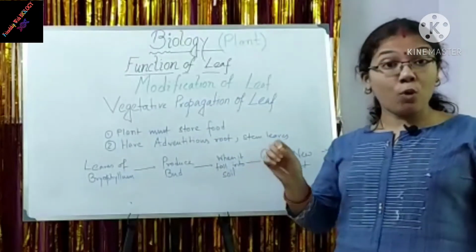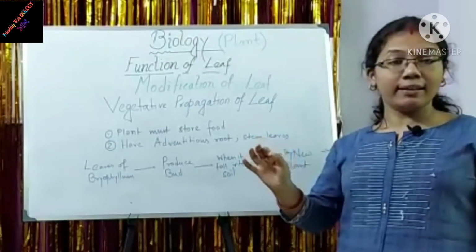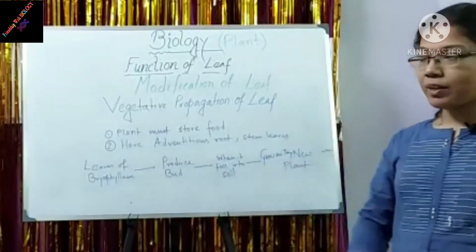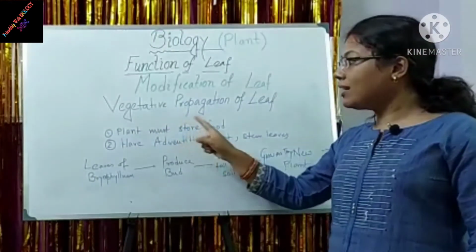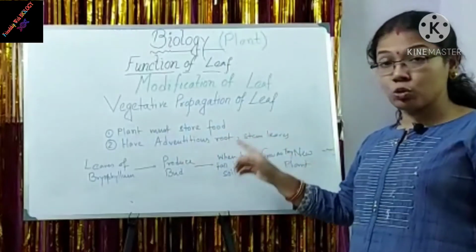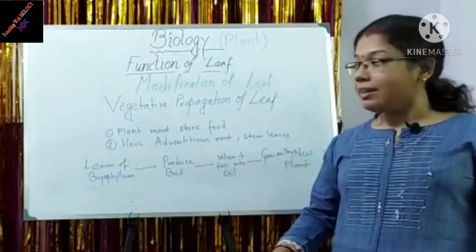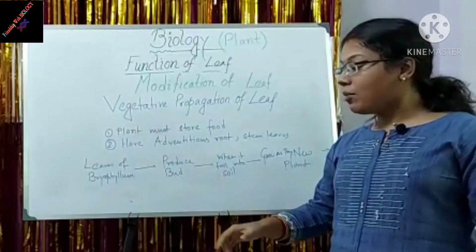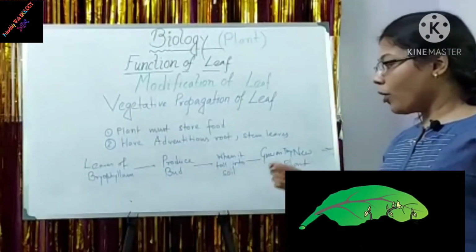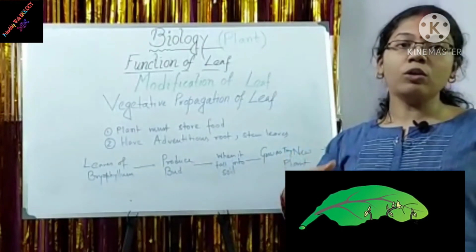If a plant propagates vegetatively, then there are some criteria: the plant must store food, and plants have adventitious roots and stem leaves. Like leaves of bryophyllum produce buds. When it falls into soil, it produces a new plant.